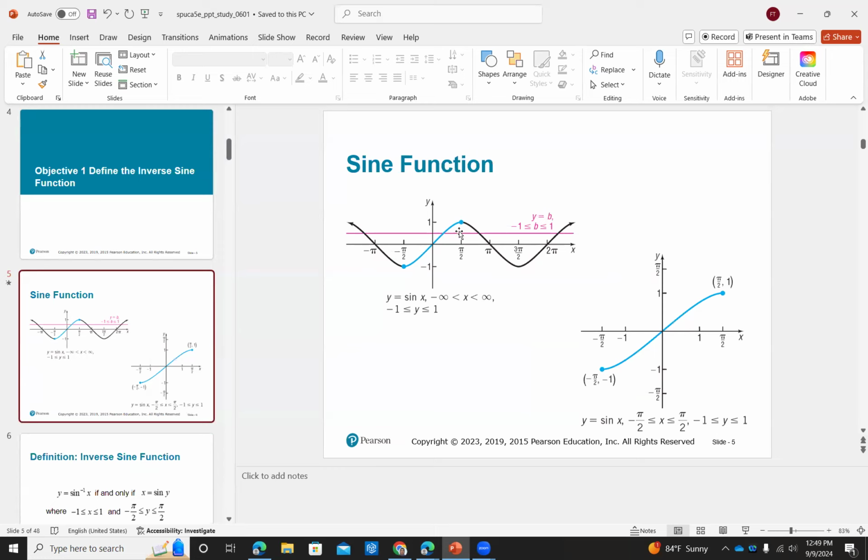And it's always a great idea to know the 5 key fundamental points on the sine function, such as sine pi/2 is equal to 1. So on the graph, sine 90 degrees or sine of pi/2 will go to the 1. Sine 0 is 0. And then sine of pi, which is sine of 180 degrees, is 0 as well.